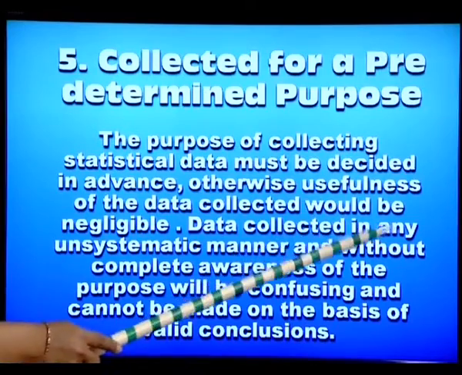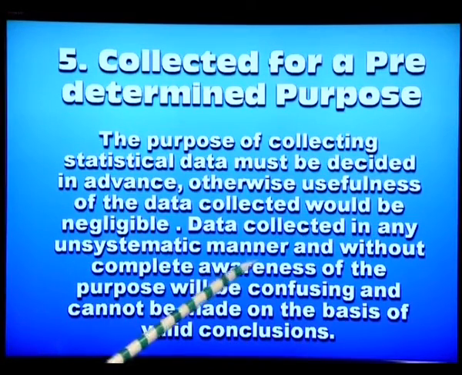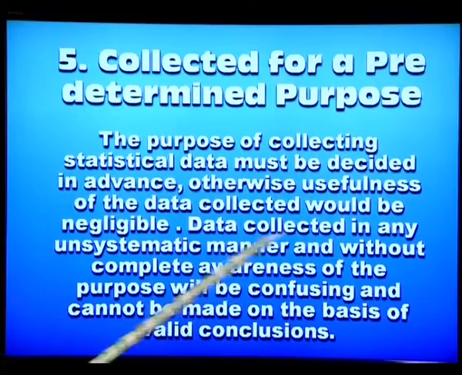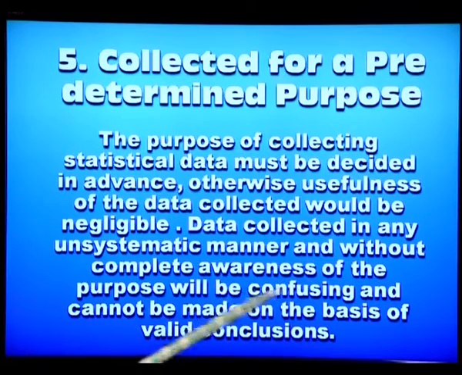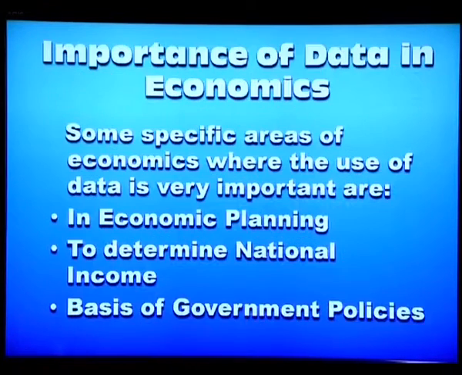Data collected in any unsystematic manner and without complete awareness of the purpose will be confusing and conclusions cannot be made on the basis of it. So, we need to know the purpose of the study when we collect any statistical data.